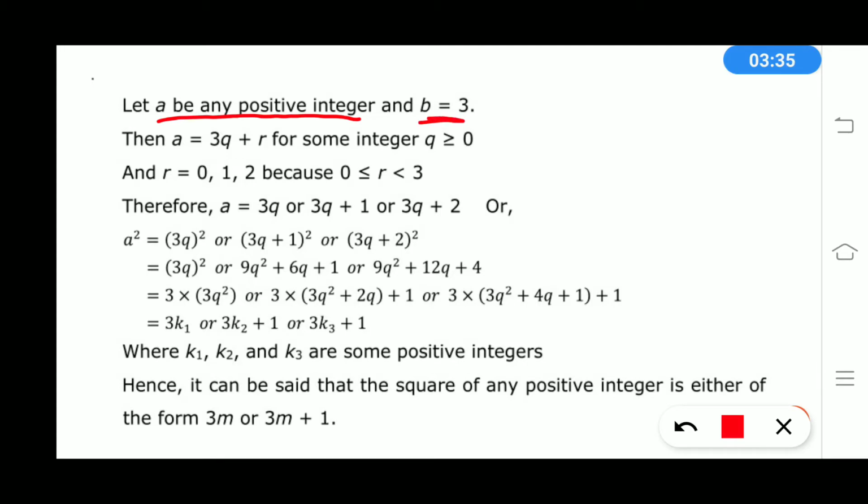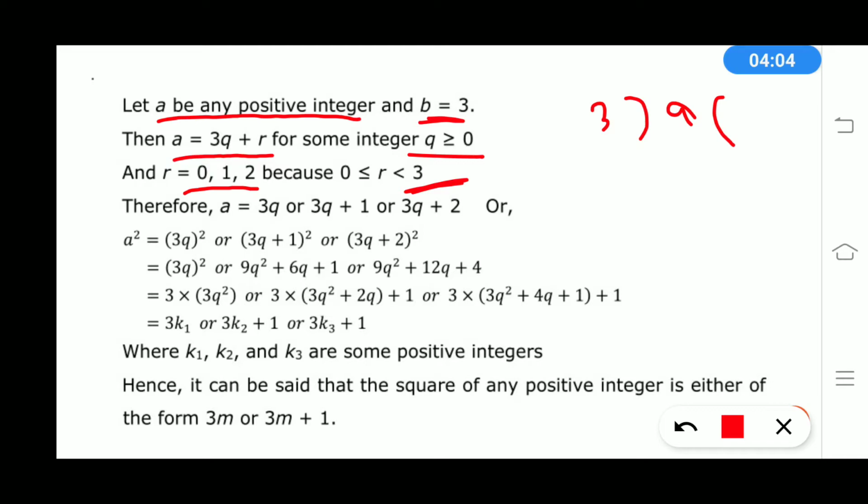So if a is divided by 3, then possible remainders are either 0 or 1 or 2. So a be any positive integer and b equals 3, then a equals 3q plus r for some integer q greater than or equal to 0 and r equals 0, 1 and 2, because 0 is less than or equal to r less than 3. Okay, is it clear?